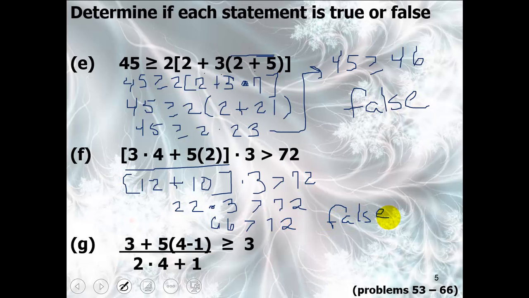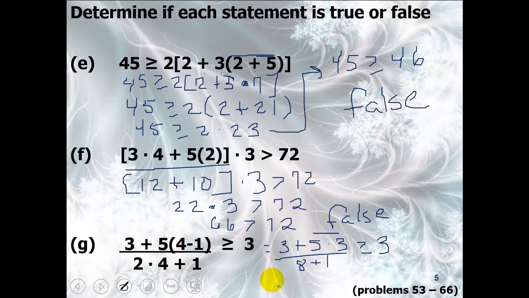Okay. Now, on G, I'm going to simplify the top separately from the bottom on this left-hand side. So I'm going to first say 3 plus 5 times 3 over. Then on the bottom part here, I'm going to go 2 times 4 is 8 plus 1, and I need that to be greater than or equal to 3. Now I'm going to keep simplifying the top, and I have to do multiplication before I do addition.